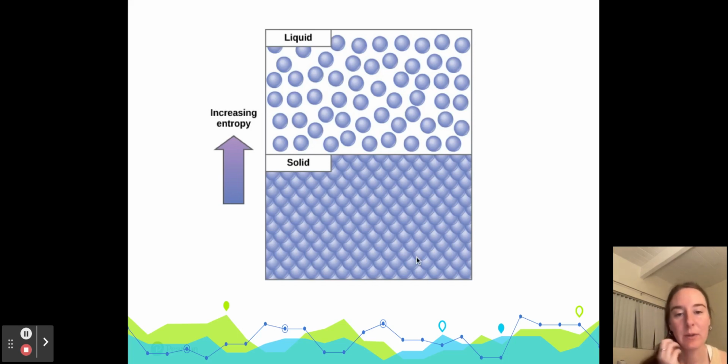Again, we can look at the entropy of different states of matter. Molecules are packed together in a solid, so it has lower entropy. As the solid heats up into a liquid, the molecules are moving around faster, they're more random, more disordered, not packed together in this nice, neat organization. So we've increased the entropy as we move between states of matter.